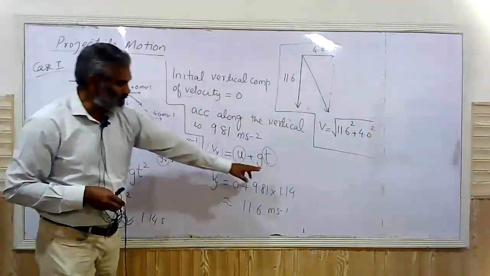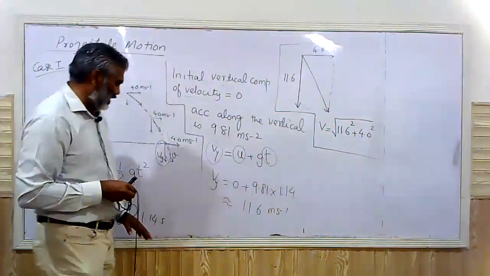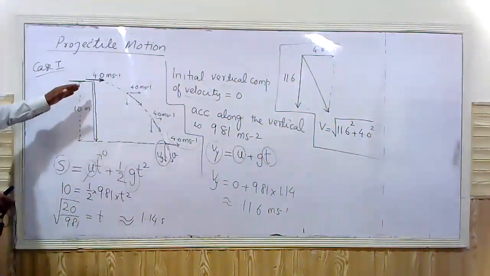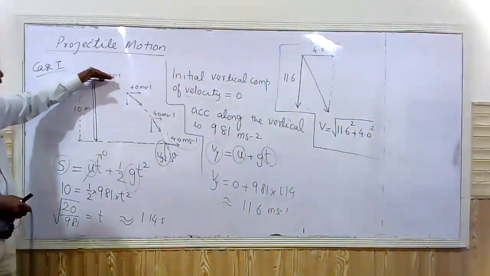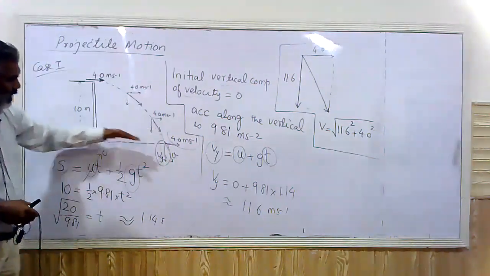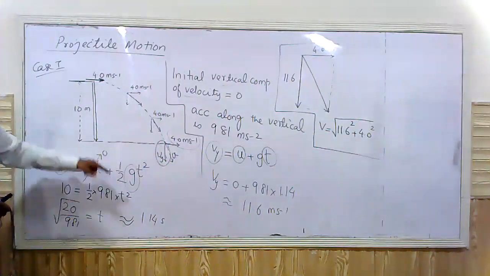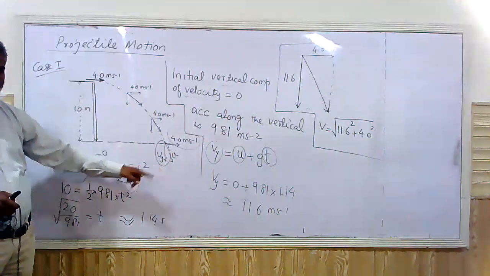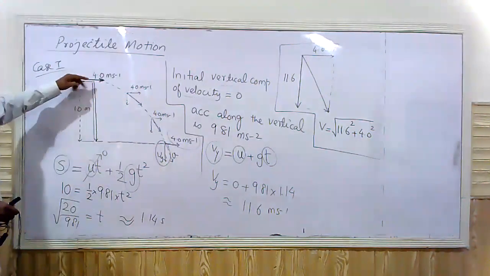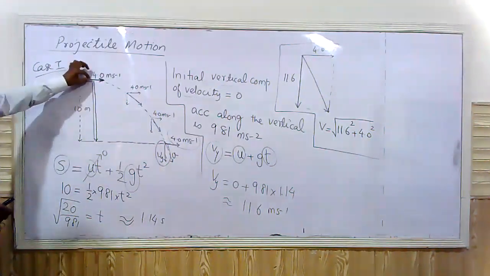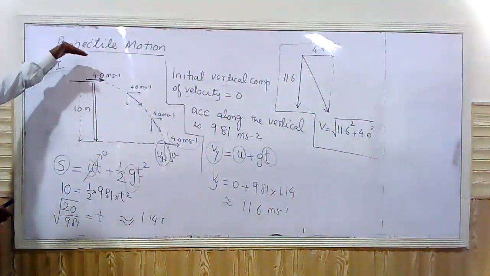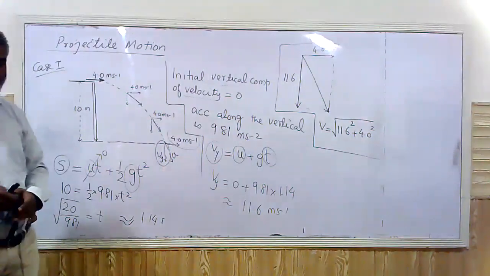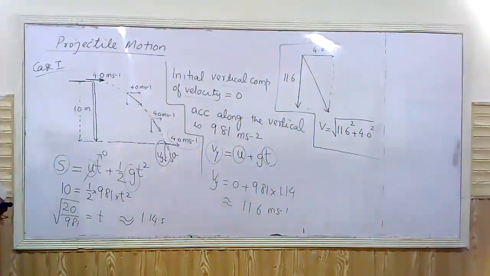Therefore, whatever this time comes out to be, if it is 1.14 seconds, it is the time this object is taking to reach here. I can use this time to calculate the vertical component of velocity here, assuming it is the same time an object would take if I drop it from here and it comes vertically hitting here.